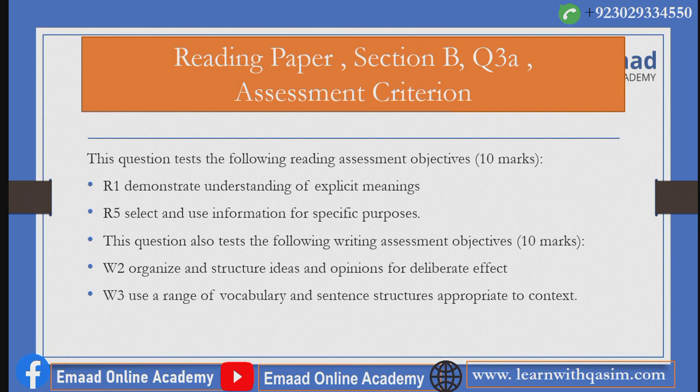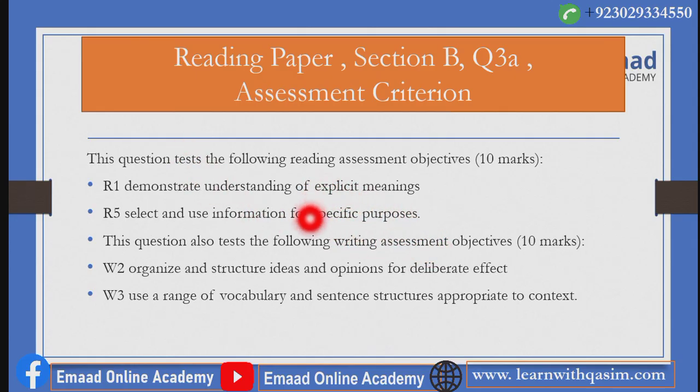So there are 20 marks, and 10 marks are given on the basis of how well you demonstrate your understanding of explicit meanings. Number 2, how well you select and use information for specific purposes.